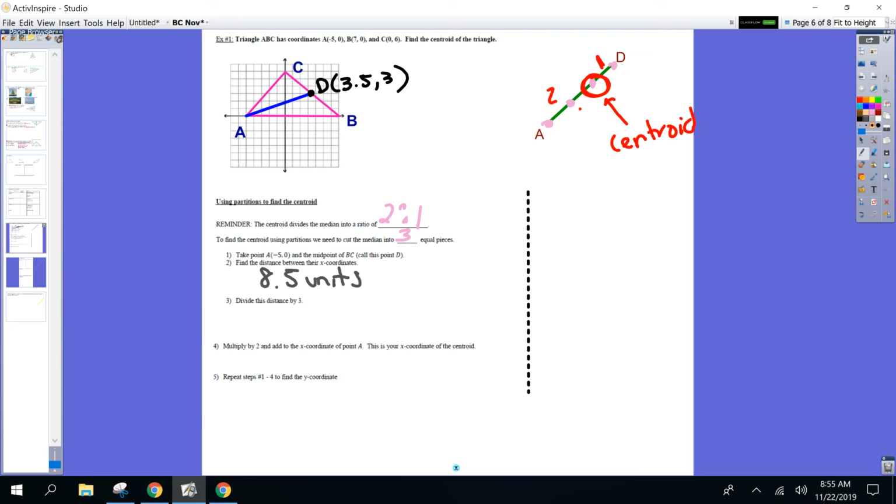So I'm going to take my 8.5 and divide it by 3. All right. What'd you get? About 2.83 repeating, right?